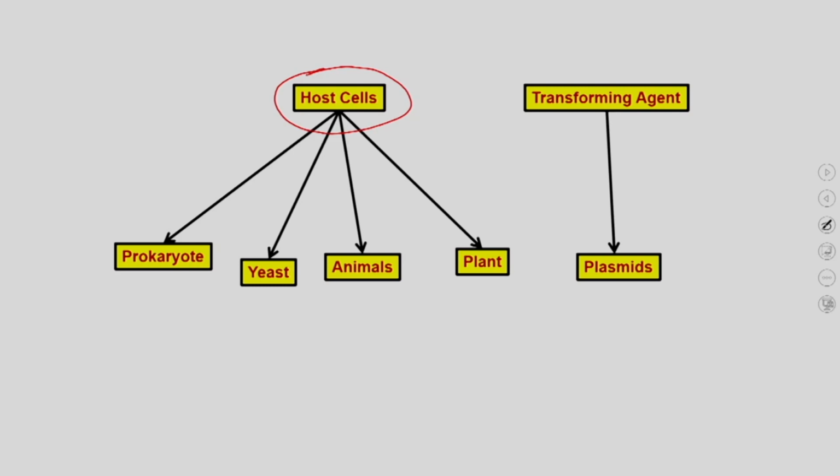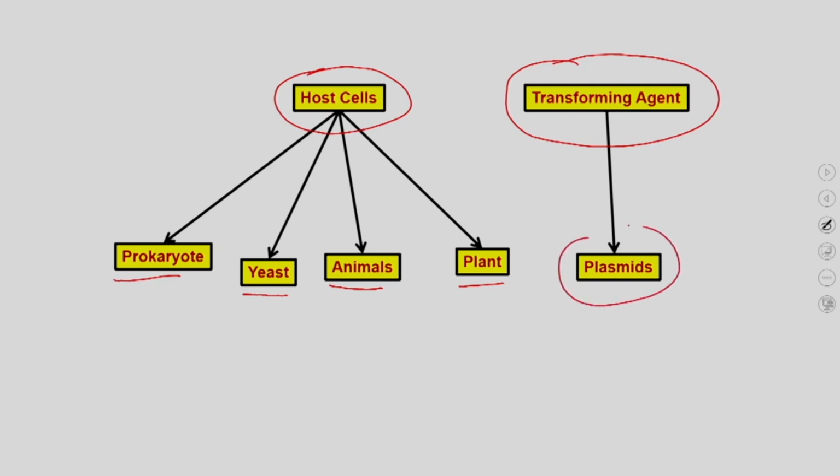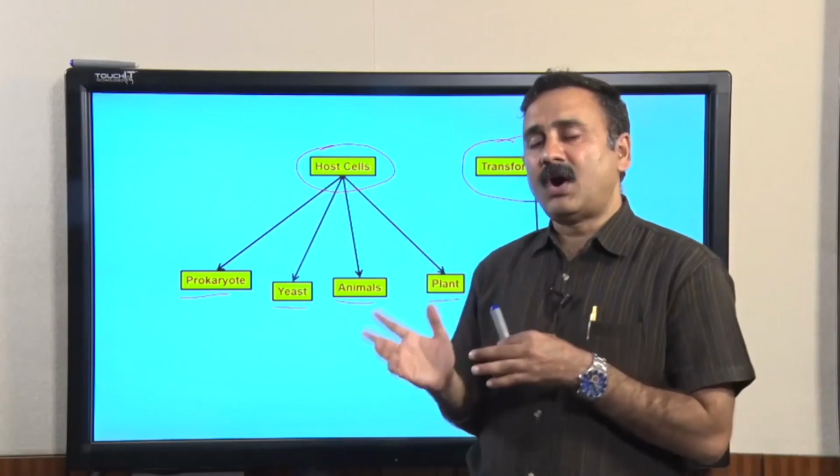This host cell could be a prokaryote, yeast, an animal, or a plant species, the plant which you are interested in modifying. And then you need the transforming agents. These transforming agents could be the plasmids corresponding to the particular host cells. So, there are plasmids which propagate in prokaryotes, and there are plasmids which are specific for animals or plants.